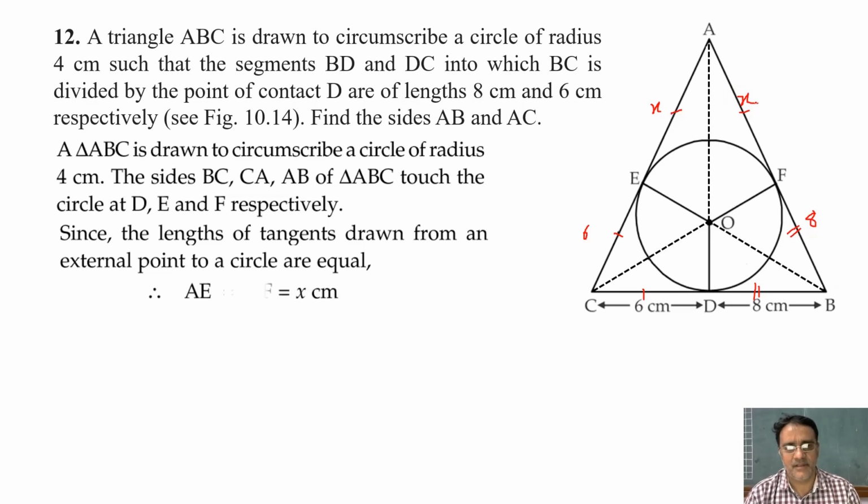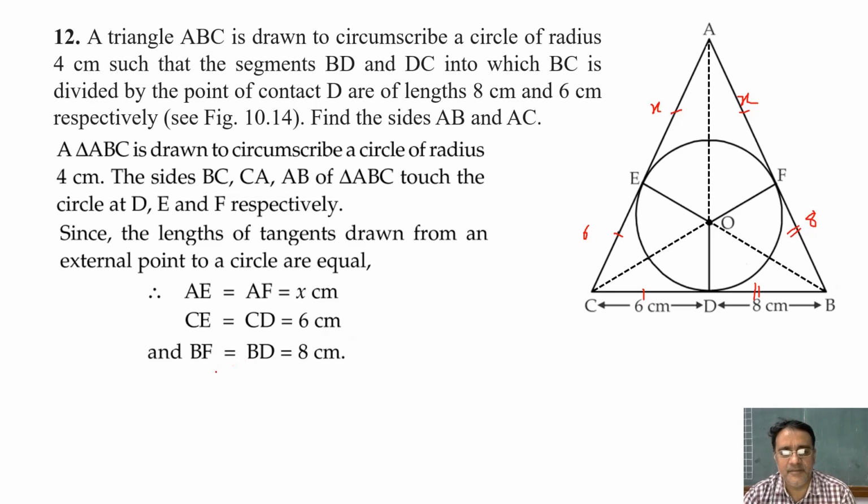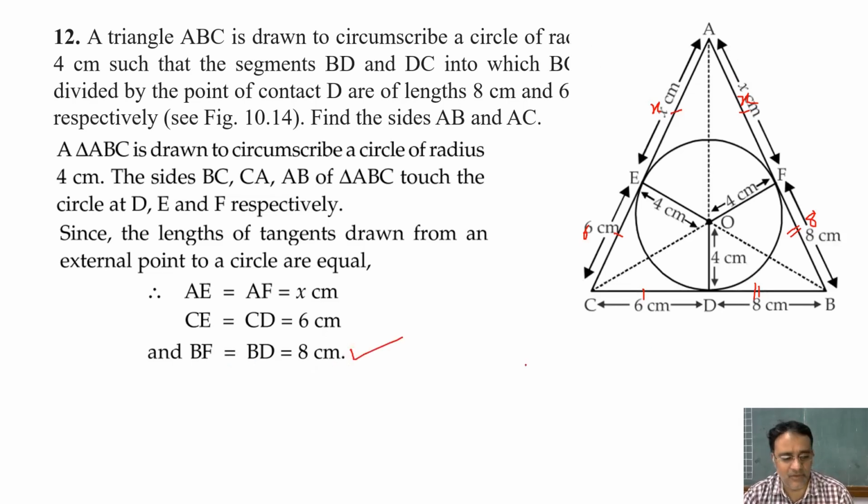Okay, so AE is equal to AF is equal to x centimeter, and CE is equal to CD is equal to 6 centimeter, and BF is equal to BD is equal to 8 centimeter. Right. So like that we have written all the measurements.